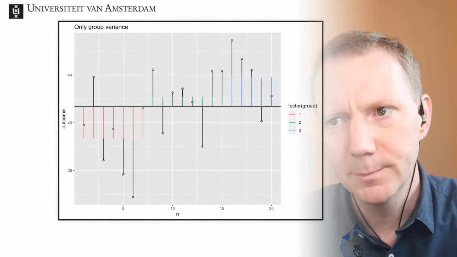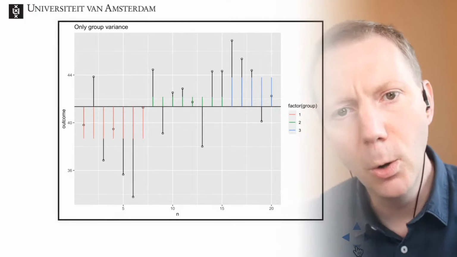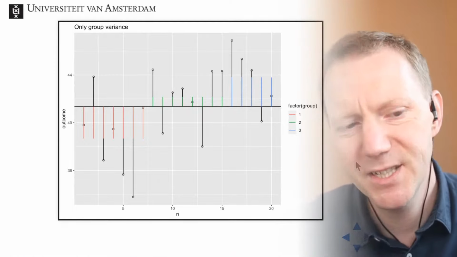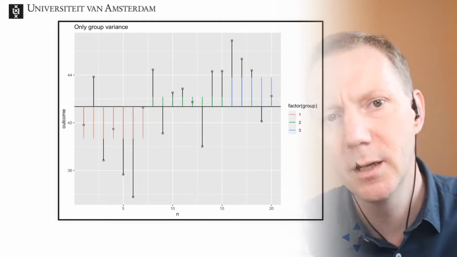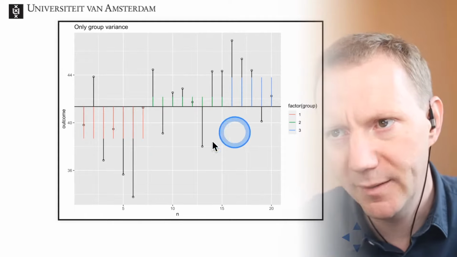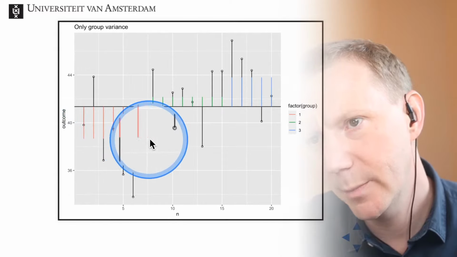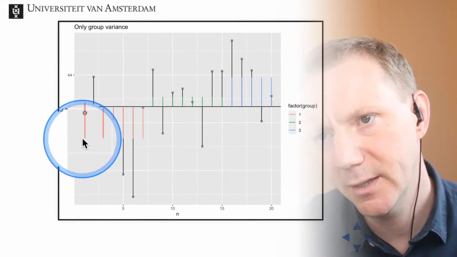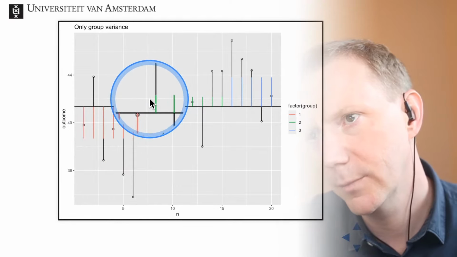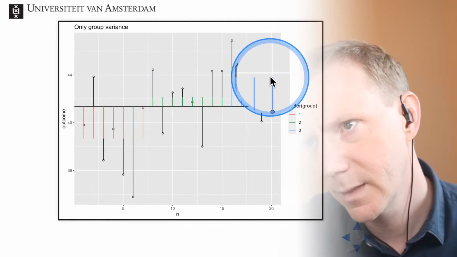So explaining this part, explaining the variance for only the grouping variable, is in the same line of reasoning that we have for the one-way independent ANOVA. So we just have expected values here. All these people are in the same group. We expect their scores to be here, and that also holds for the German people, and it also holds for the Belgian people.